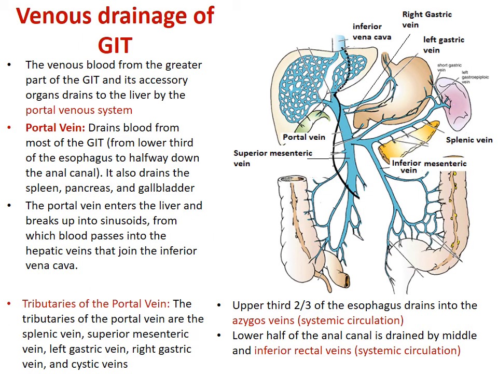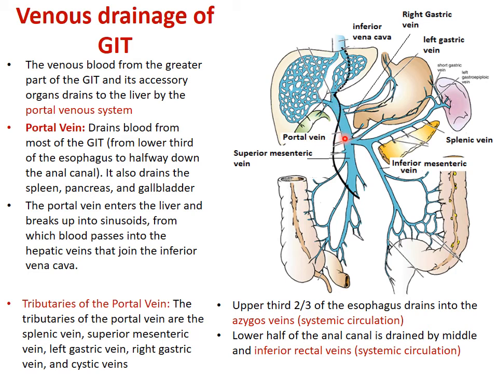Now this is a slide regarding the portal venous drainage. First of all, you should know that venous drainage from all the parts of the digestive system ultimately goes to the liver through the vein called the portal vein, right?